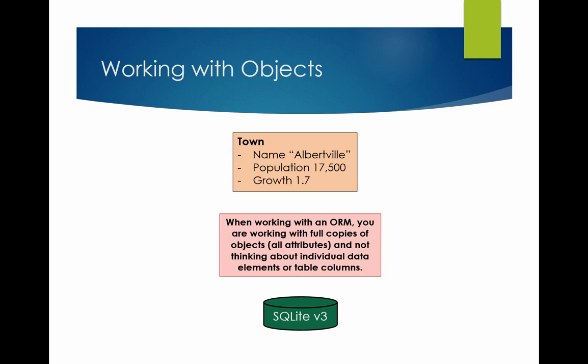When you're dealing with an ORM, you are typically dealing with full copies of objects, all the attributes, and you don't really think about the individual data elements or table columns. The reason you want to take this strategy is because you want to be able to rename things, move things around. You want to think about objects in terms of the functionality or the behavior that the objects implement, not the attributes.